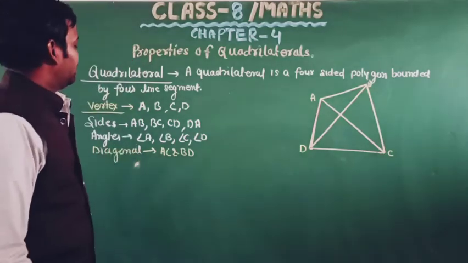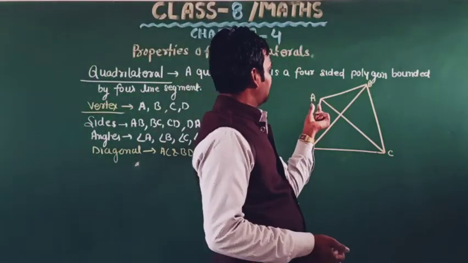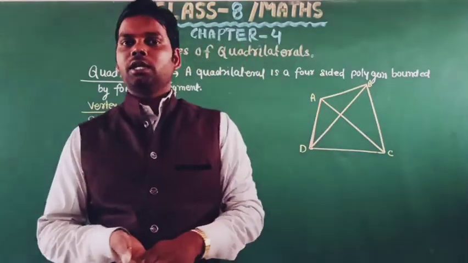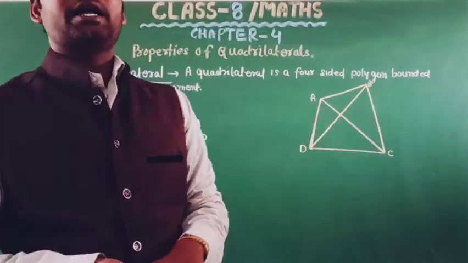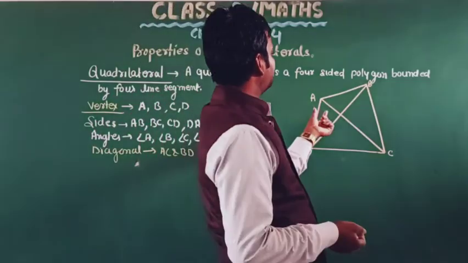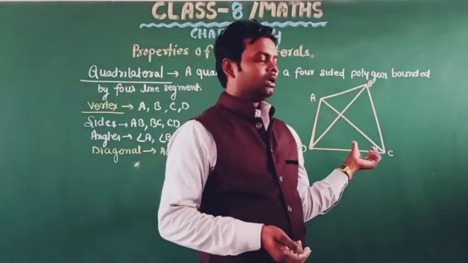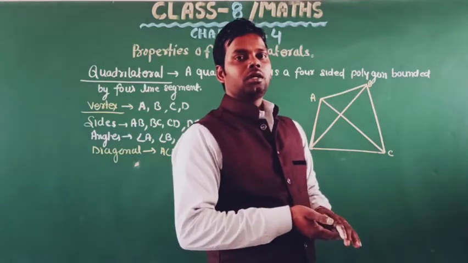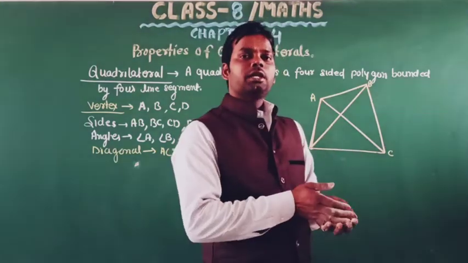Here we have a quadrilateral. We will also have pairs of adjacent sides and adjacent angles, and also opposite sides and opposite angles.